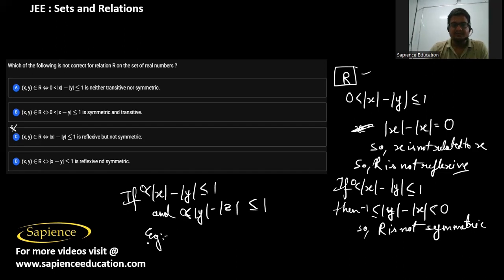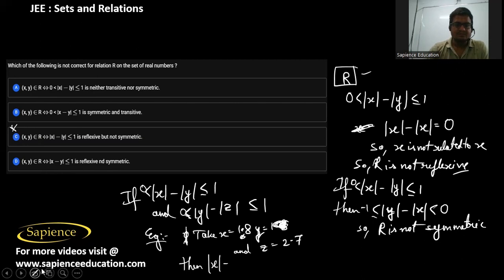For example, if we take x as 1, y as 1.8 and z as 2.7, then mod x minus mod y, or suppose we take x as 1.8, y as 1. No, sorry, it's slightly wrong.